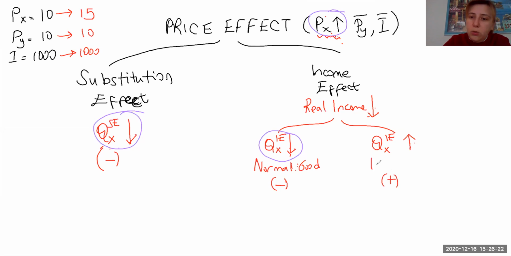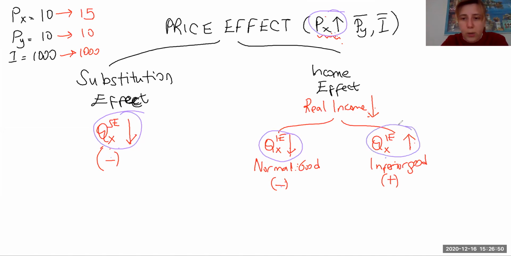So for this consumer, this good is an inferior good. So again, this positive sign, this negative sign is determined according to the relationship between price and quantity.